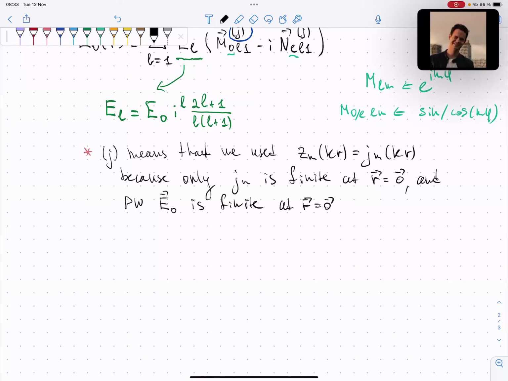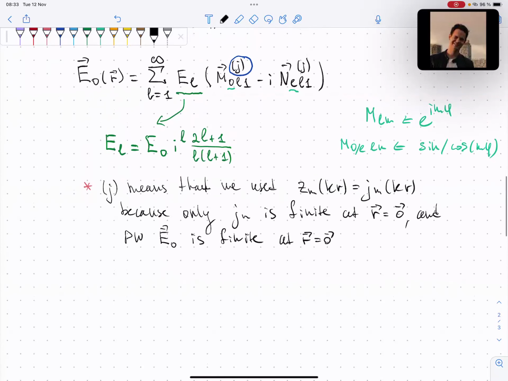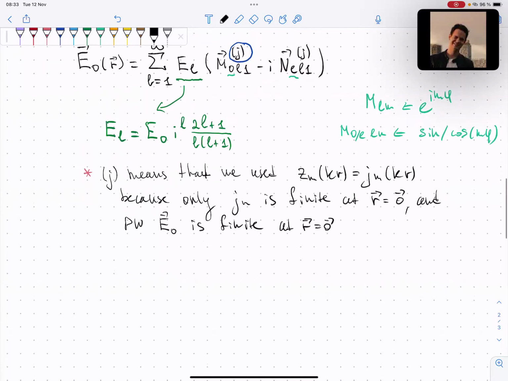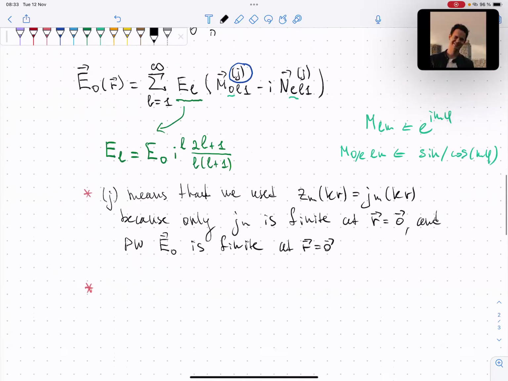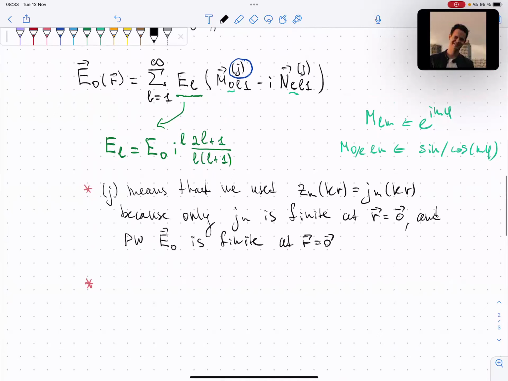So after we did this expansion, we can notice one more thing: the expansions for the scattered field and the field inside the resonator will also have a similar structure.